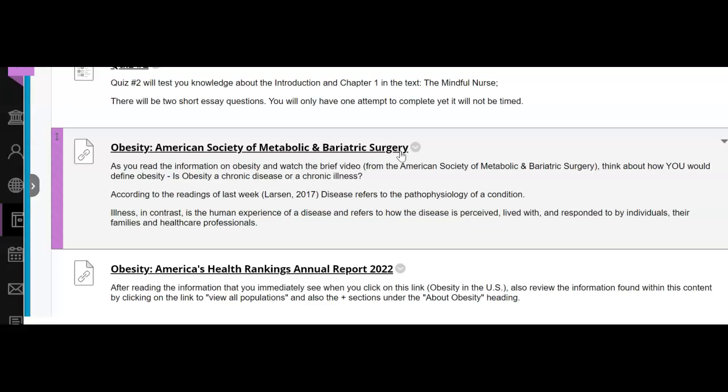But in contrast, illness is the human experience of a disease and refers to how that human perceives the disease, lives with the disease, and responds to the disease, both individually and then along with their families, and how healthcare professionals too respond to the disease.